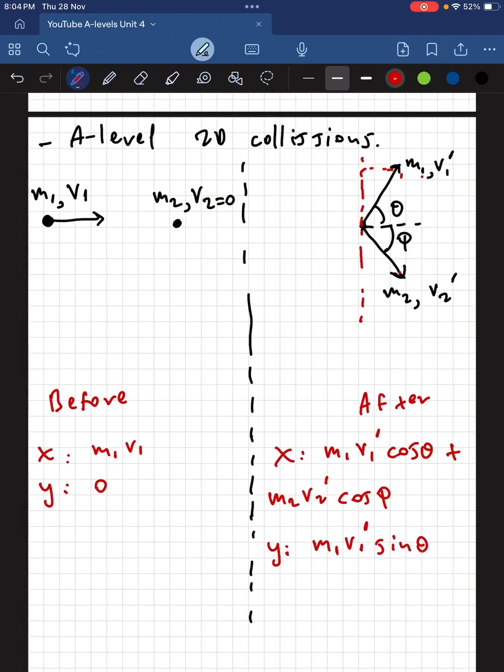And then the y component of mass 2 is going to be moving down, so in the negative direction, so it's going to be minus m2 v2 prime sine phi. So the y component of mass 1 moves up, and the y component of the momentum of mass 2 travels south, so it comes with a negative sign.